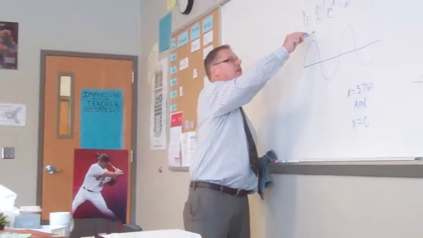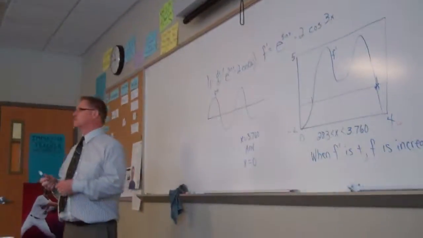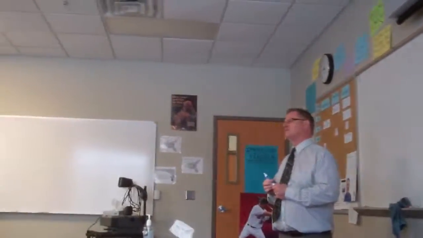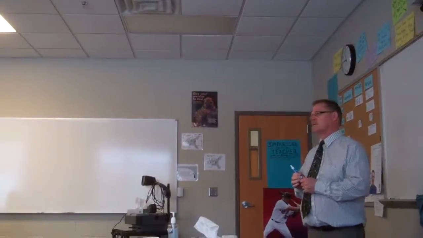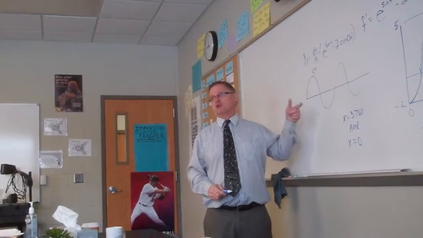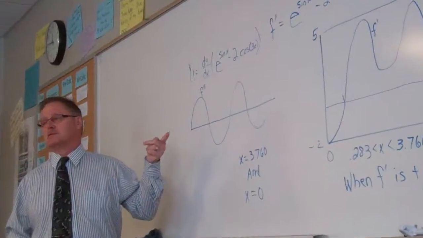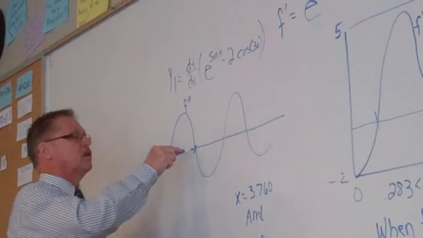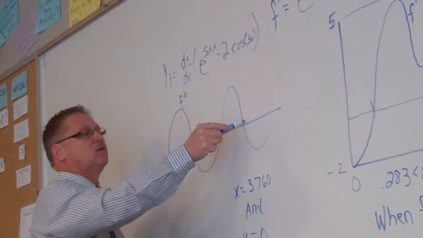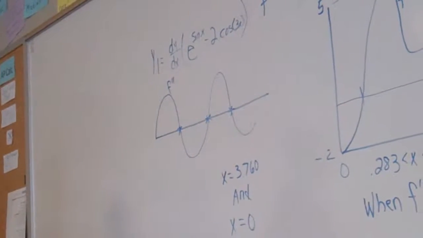This is the graph of f double prime. What is that graph saying? Okay, so where are the inflections on here? On the points right across that area. So you're gonna call it for 1, 2, 3? All right, that's correct.